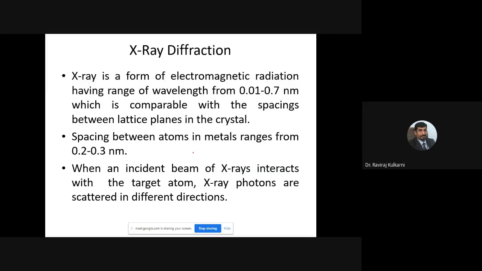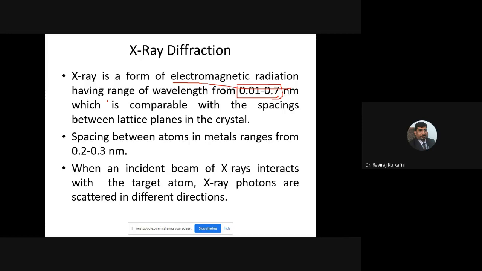What is X-ray diffraction? I think you already studied what interference and diffraction of light are. This is related to diffraction of X-rays. X-ray is a form of electromagnetic radiation having wavelength from 0.01 to 0.7 nanometer, which lies below UV.